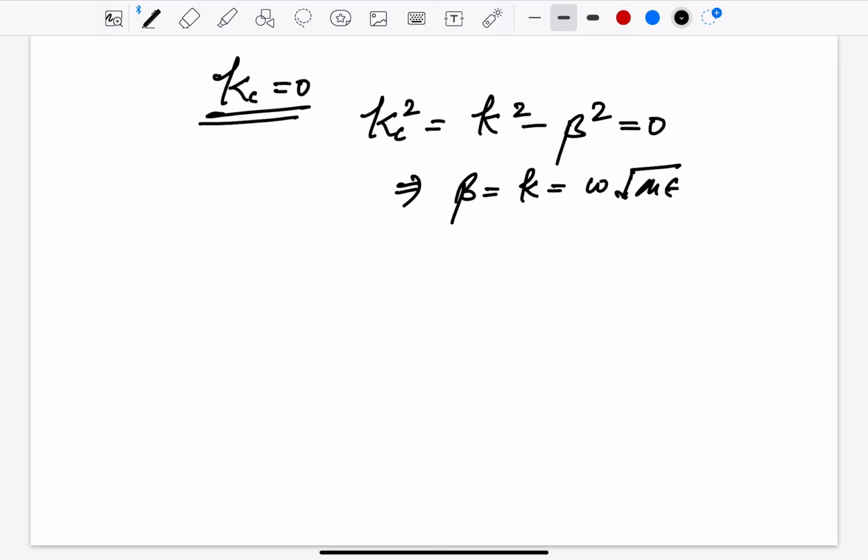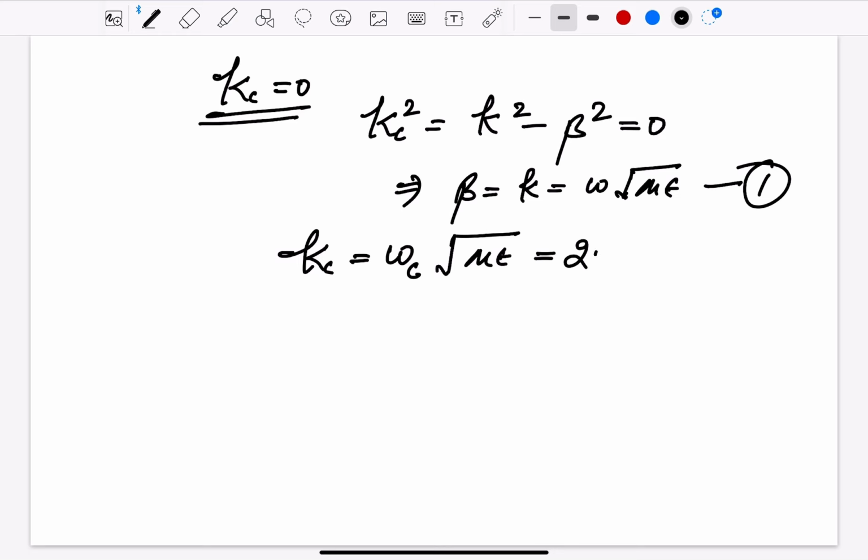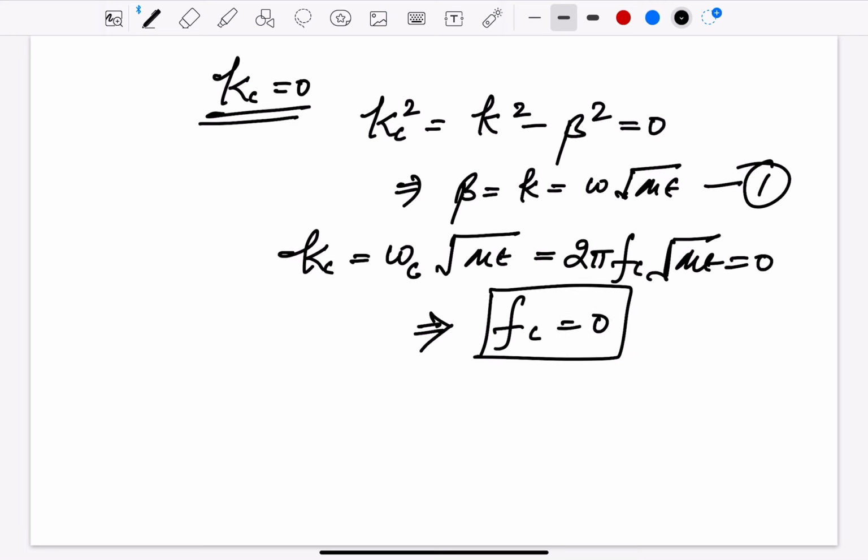Another is that, at the cutoff, we can write omega c under root mu epsilon, where c stands for cutoff, and in terms of frequency 2 pi fc under root mu epsilon is equal to 0. This leads to fc equal to 0. Let us call this equation number 2.